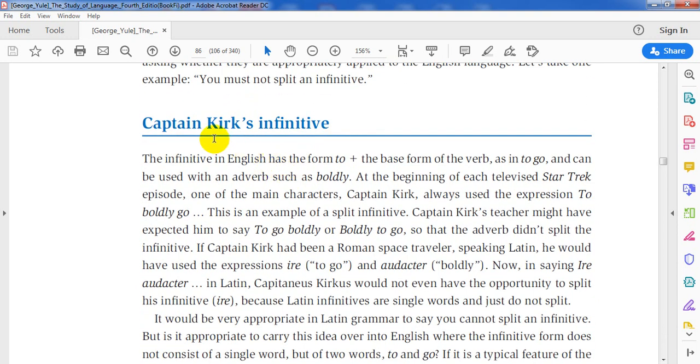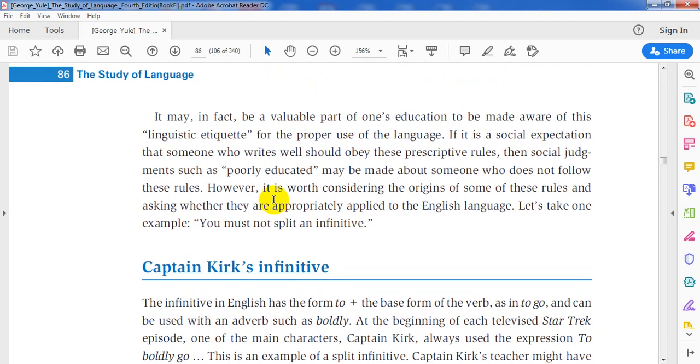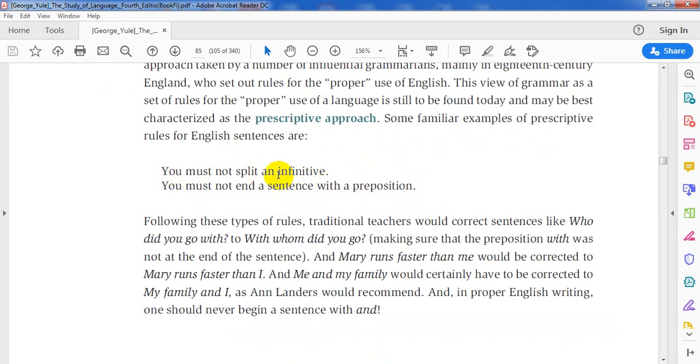What's Captain Kirk? Captain Kirk is one of the characters in a televised series labeled Star Trek. In this televised series, Captain Kirk tries to draw the attention of the listeners to something well known in English that opposes this rule, you must not split an infinitive.